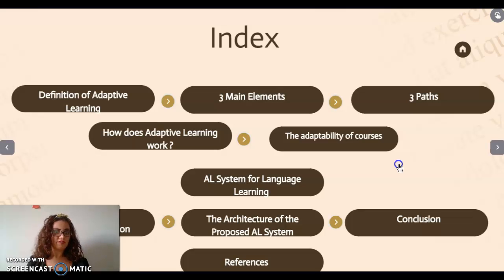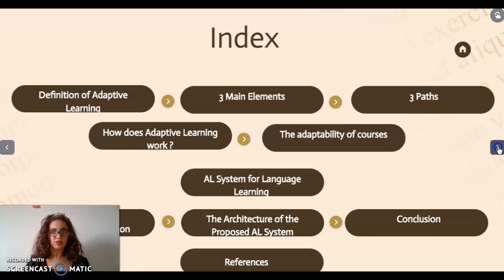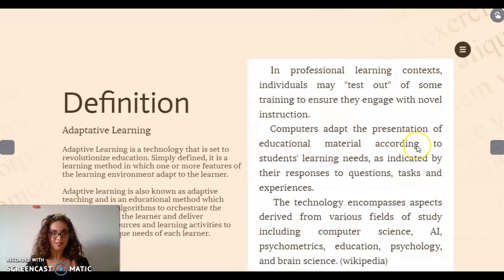And we will speak about adaptive learning for language learning. Our real topic is language learning, and what the background motivation is, and what the architecture of the proposal with this system is. We will do this globally in adaptive learning. We can start with adaptive learning.